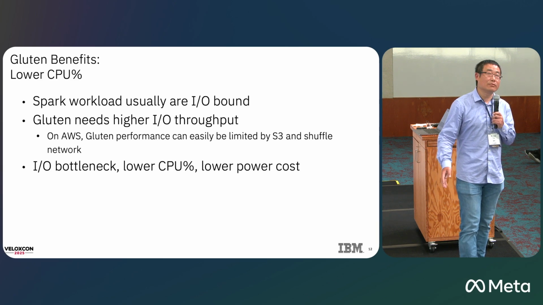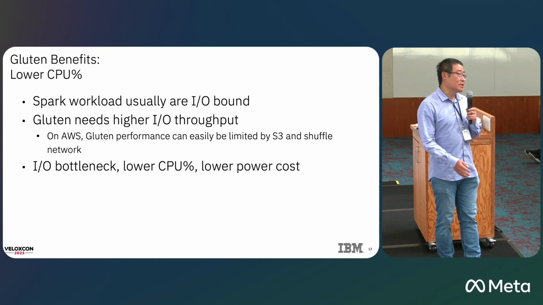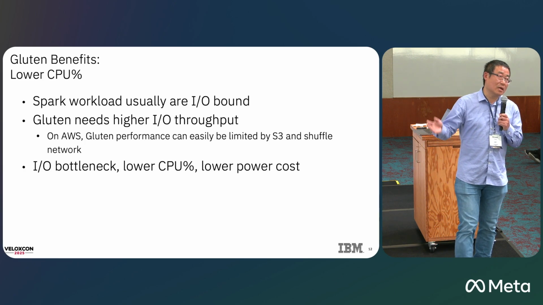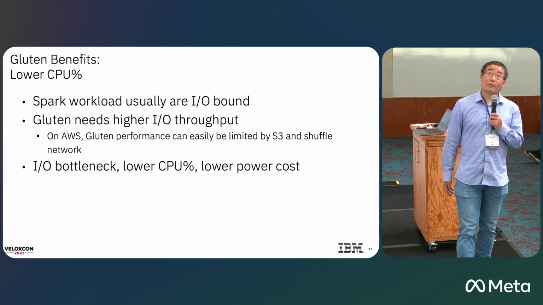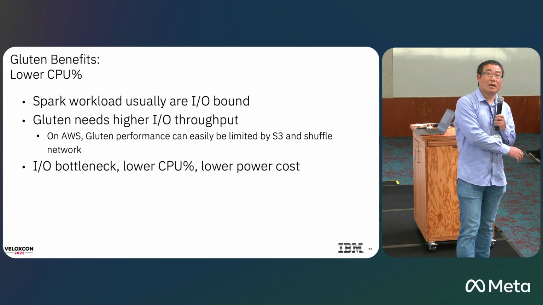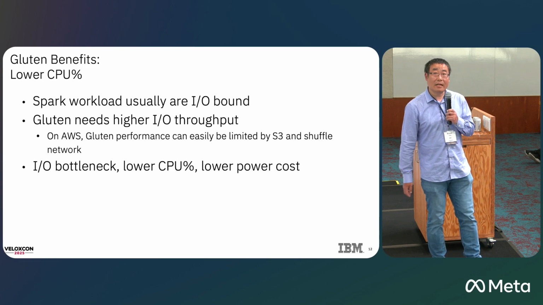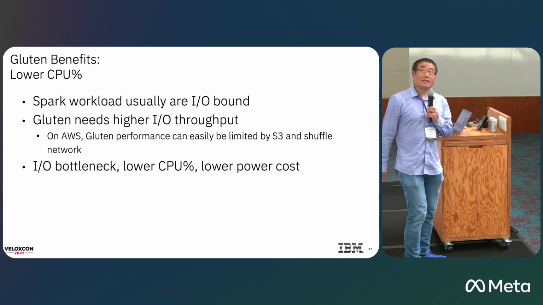But when we run Gluten, because Gluten is 3 times faster, in theory it also needs 3 times more throughput over S3 and the network. On the cloud, that's not possible; it's limited. When we run Gluten, we can see that I/O commonly becomes the bottleneck and the CPU utilization can decrease. In this way, we can still save power cost.